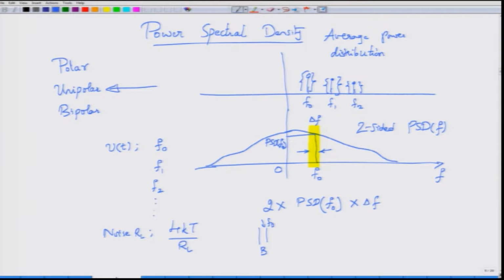So, this is the same value, but you multiply it by 2B and you get the total power inside your bandwidth. This is the usefulness of power spectral density: it tells you how the power is distributed across the frequency band. Because you are looking at frequencies around 0, this is the power spectral density of a baseband signal, hence it is two-sided.